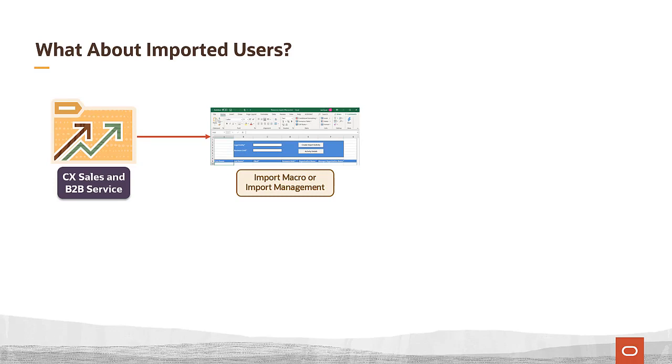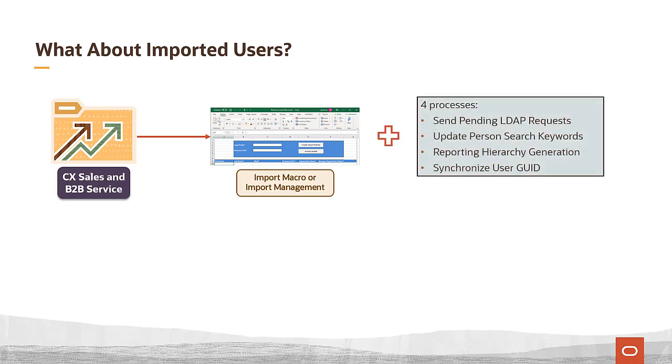In this case, since you're working in Sales and BTP Service, it recognizes that auto-provisioning rules are necessary, and so you only need to run 4 post-import processes. You send the pending LDAP requests, update the person search keywords, run the reporting hierarchy generation, and synchronize the user GUID. The auto-provisioning will be performed automatically.